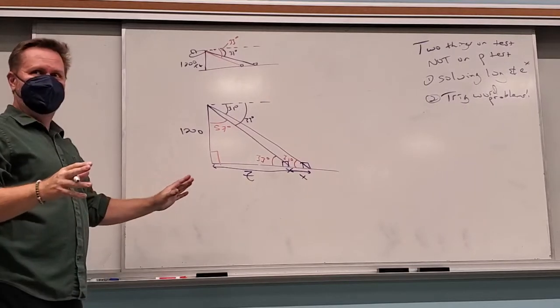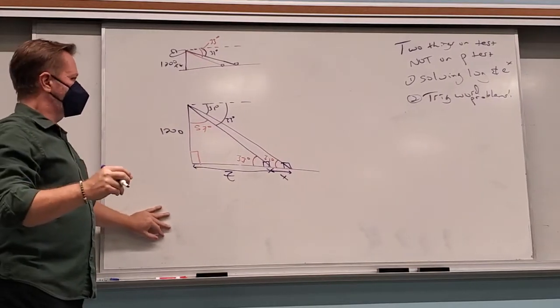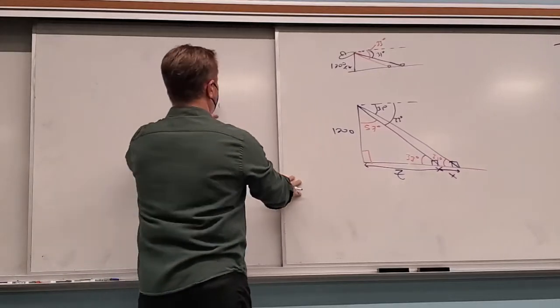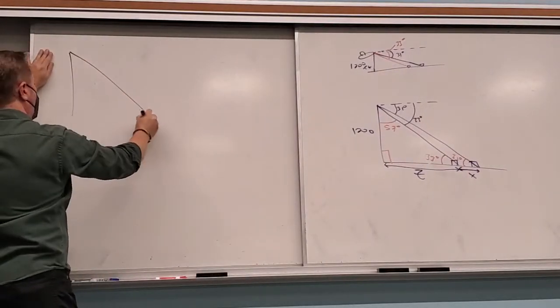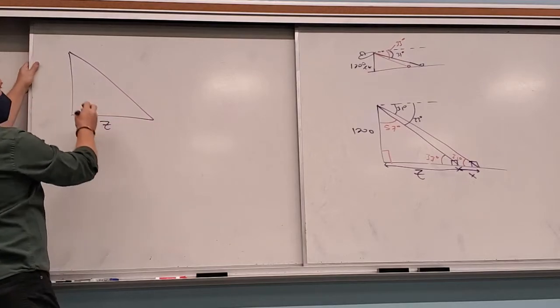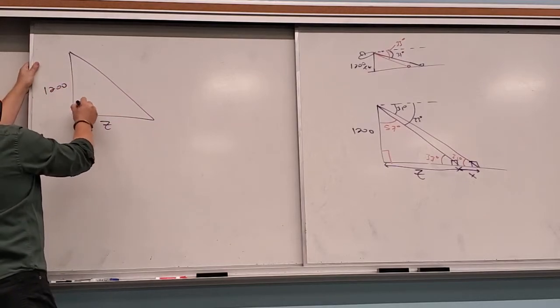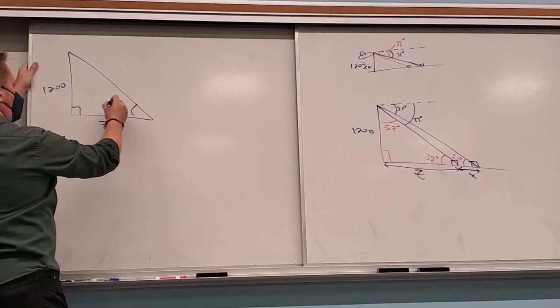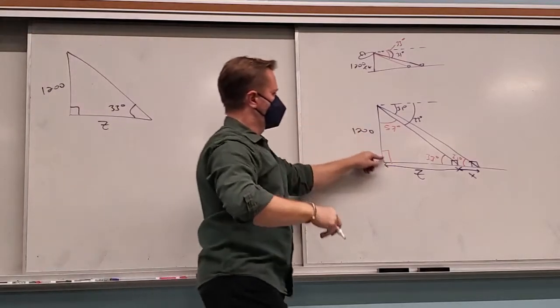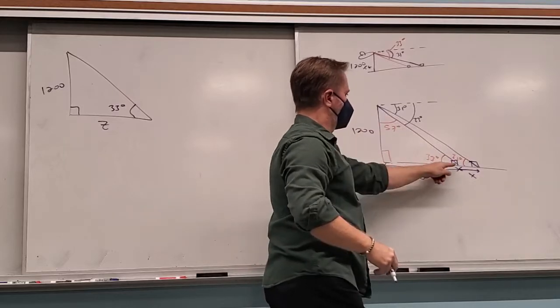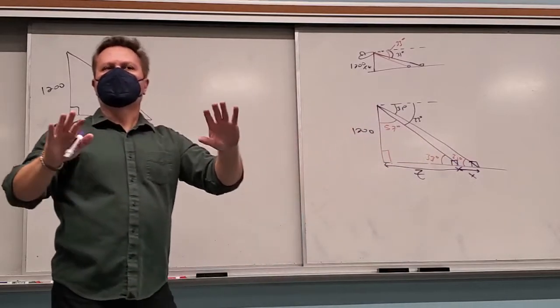So, let's draw the triangles. One triangle is this first one that's got the Z, right? Does everybody see that? That's the first triangle here. This one, the smaller triangle.